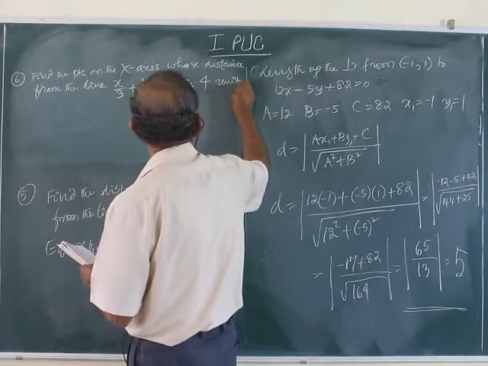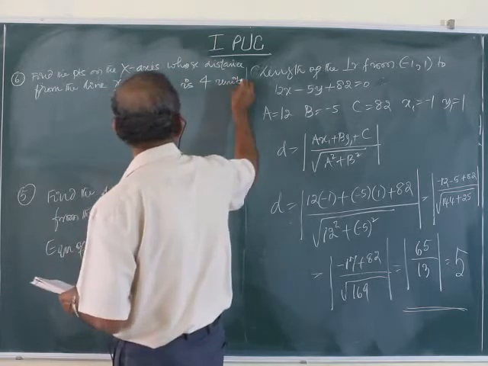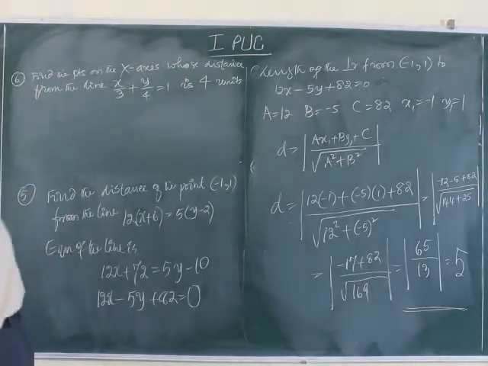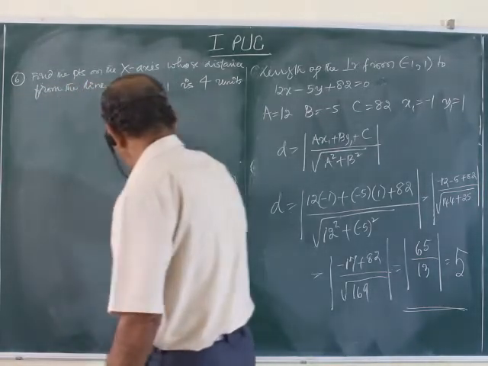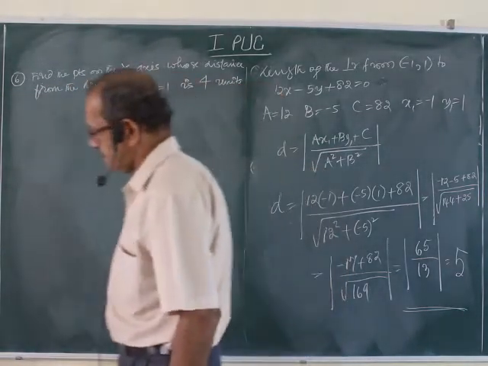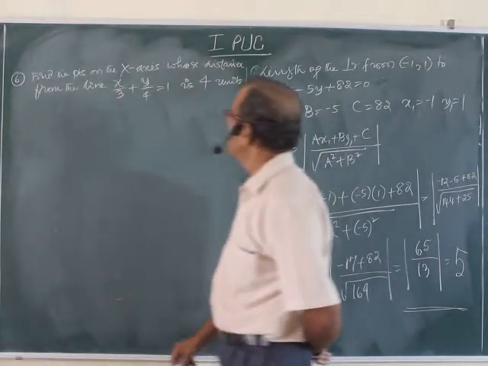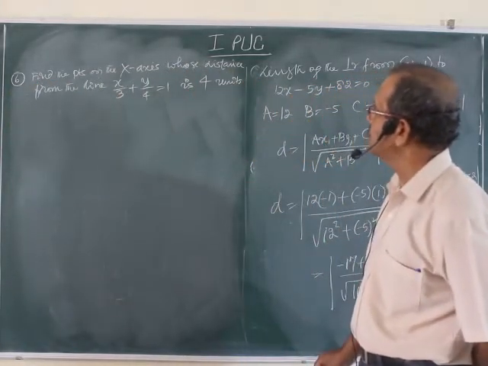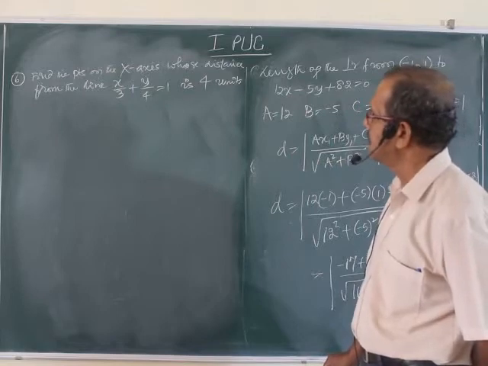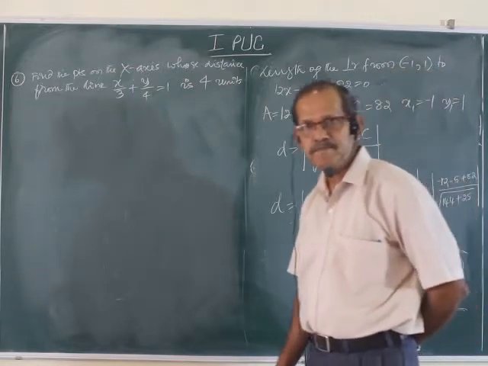Careful, 4 units. Problem is: find the points on the x-axis whose distance from the line is 4 units.